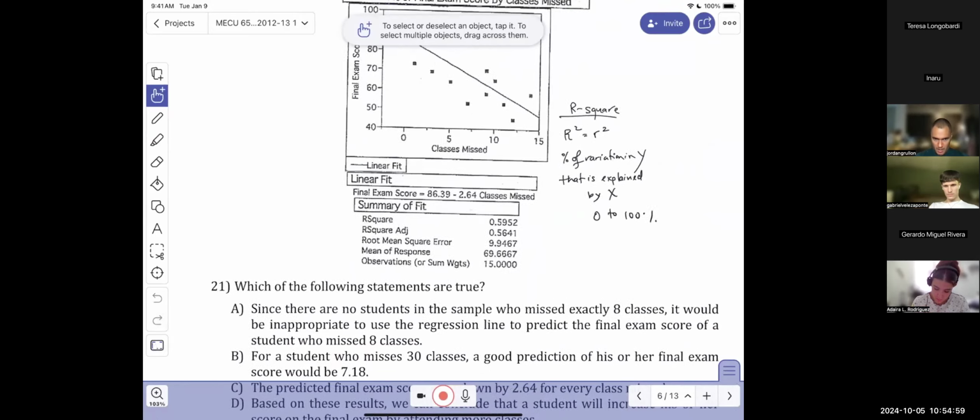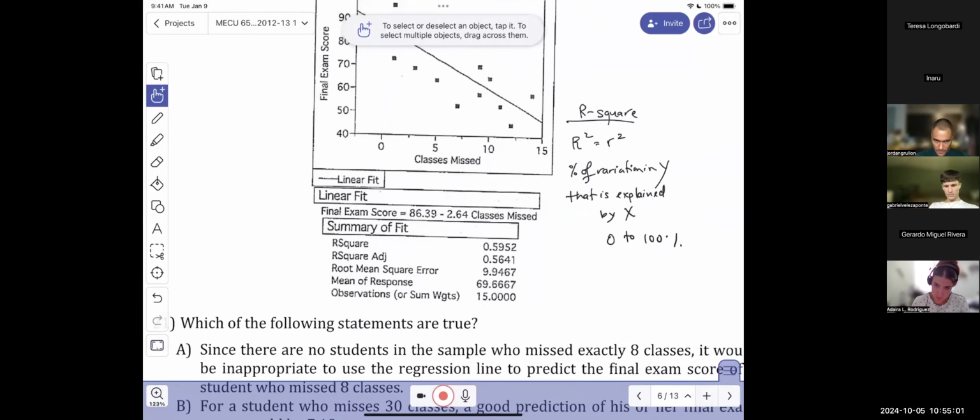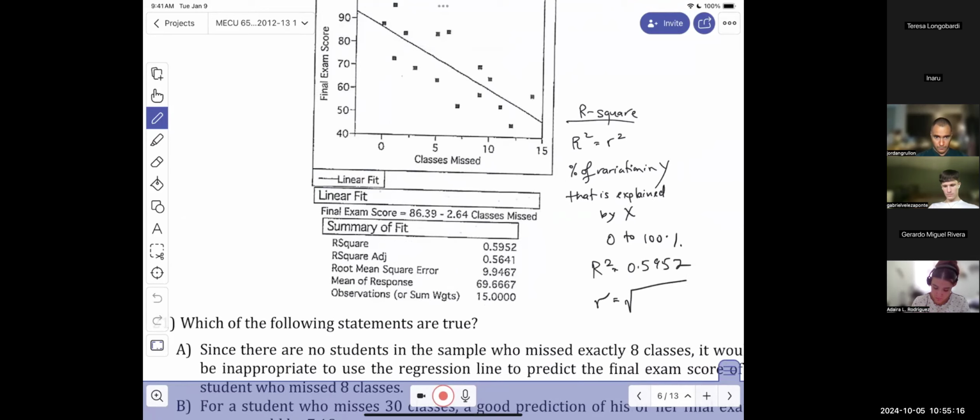So the options here are, oh, I didn't finish. R square was equal to 0.5952. If R square is 0.5952, what is R? Square root. But you have to put the negative here.